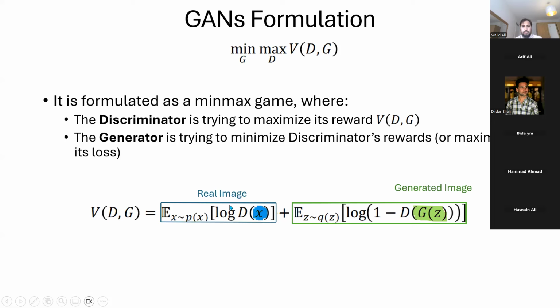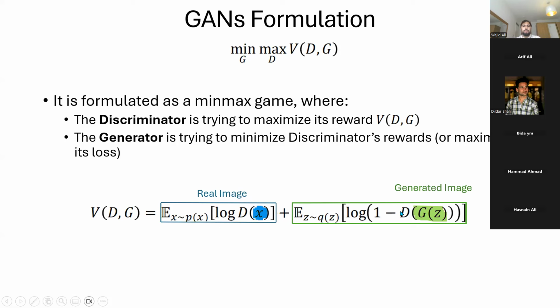Here, if we ignore the log, D of x is the probability that x is real data, and D is the discriminator model. So it gives us one value, which is the probability of a real image. And in here, z is the random noise, G is the generator, so this means the features generated by the generator.